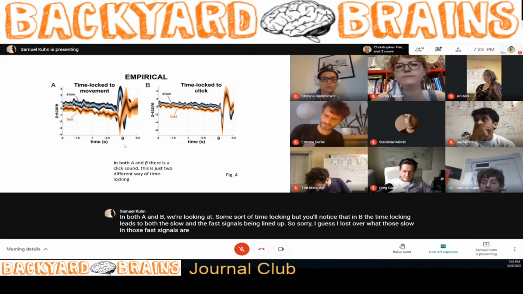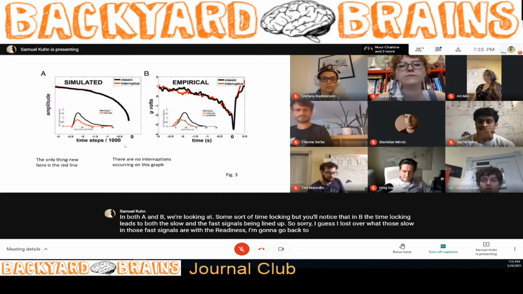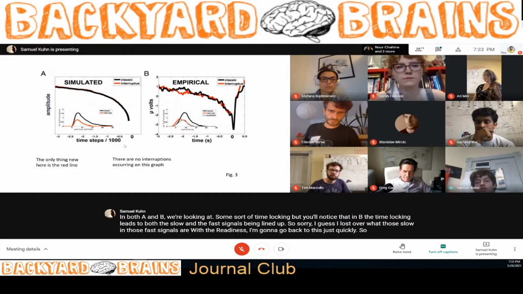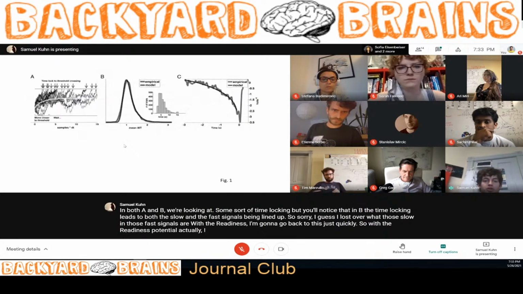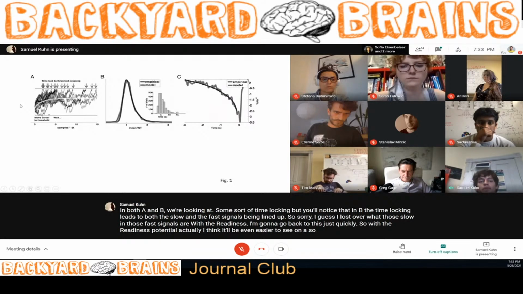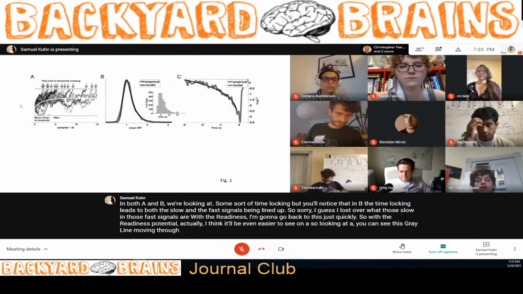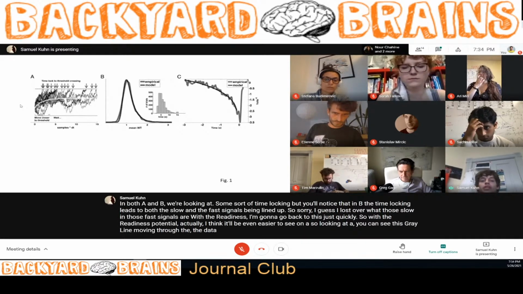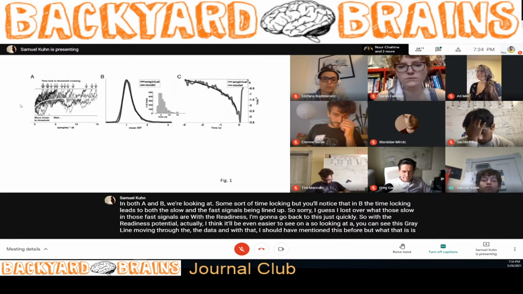With the readiness potential, I'm going to go back to this quickly. Actually, I think it'll be even easier to see on A. Looking at A, you can see this gray line moving through the data. I should have mentioned this before, but that is an average of all of those traces.